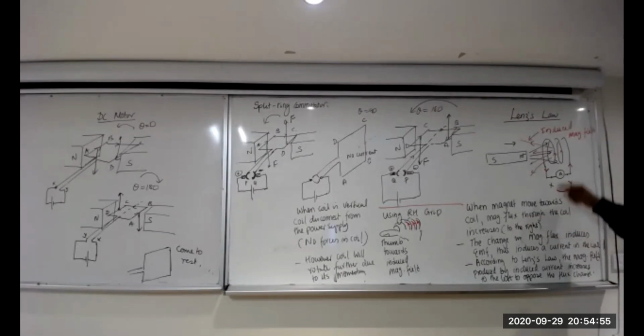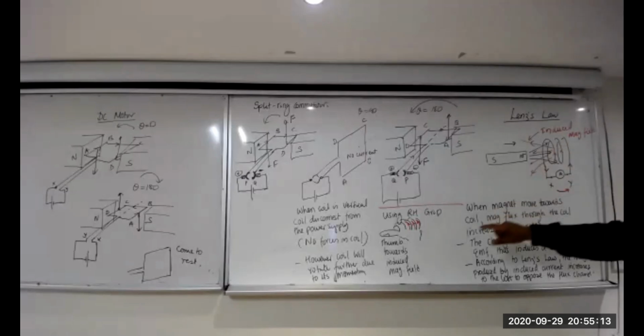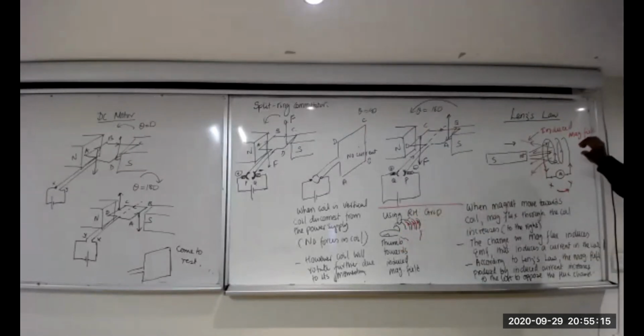Therefore, you have this induced magnetic field happening to the left to oppose that. Then we're trying to figure out the direction of the current in the coil. What do you do? You point your thumb in the direction of the induced magnetic field.